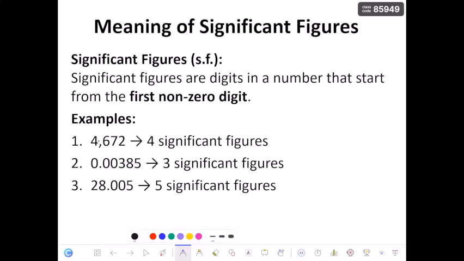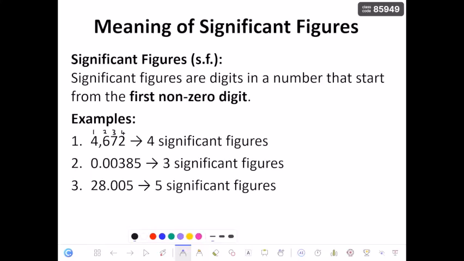For example, look at number 1, it starts from 4. So 4 is the first significant, followed by 6 as the second significant, followed by 7 as the third significant, followed by 2 as the fourth significant. So this number, 4.672, is a 4 significant figure number.